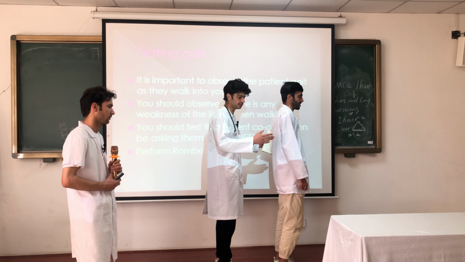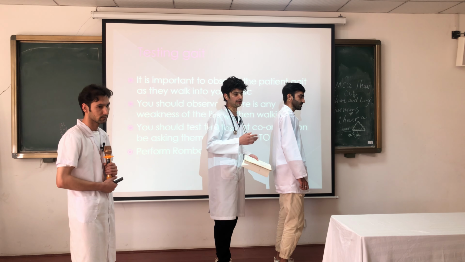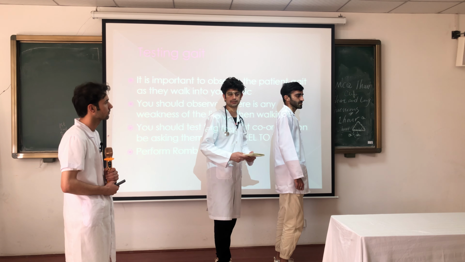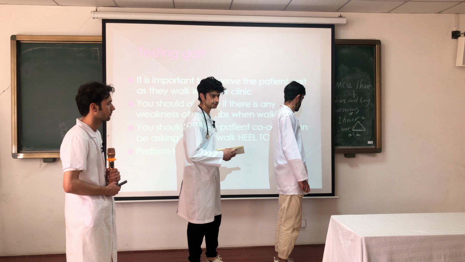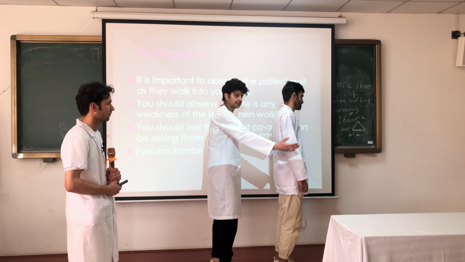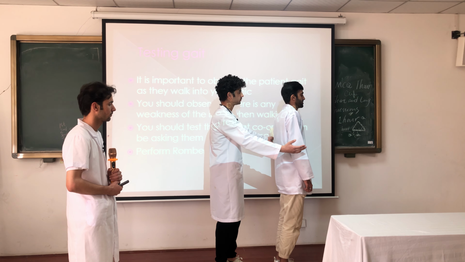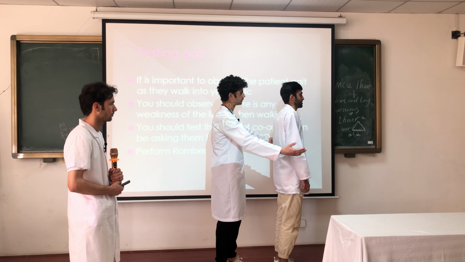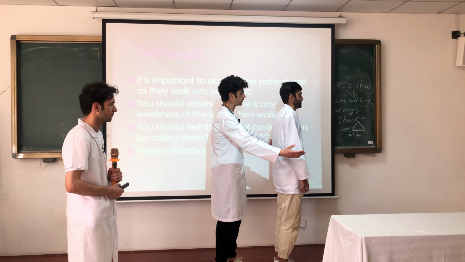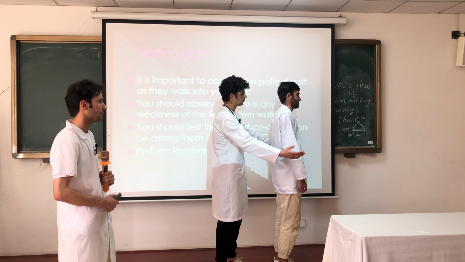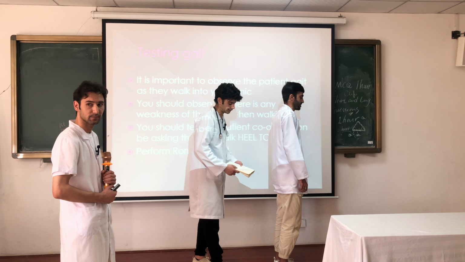If he has some damage in the dorsal area, he will fall and get injured. So you must stand behind the patient and keep your hands like this. Can you close your eyes for 30 seconds? Now open your eyes. Close your eyes again. Okay, that's fine. Sit.